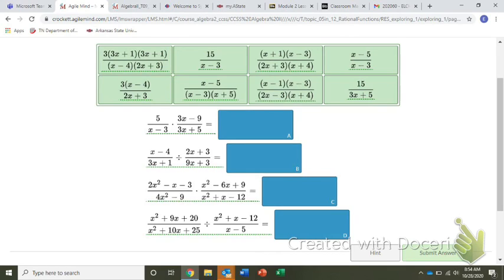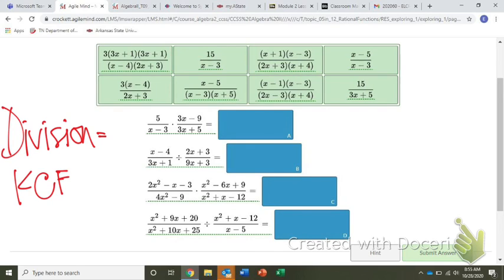I will go ahead and make a separate video right after I upload this one of me working out number 10. But go ahead and try number 10. So it's 2 multiplication problems and 2 division. Just remember, for division, keep, change, and flip. And then once you keep, change, and flip, it's back to multiplication. So you can do it on your own. Okay?